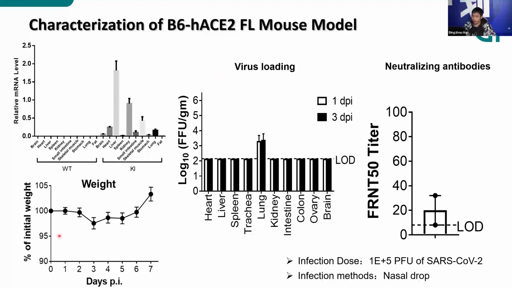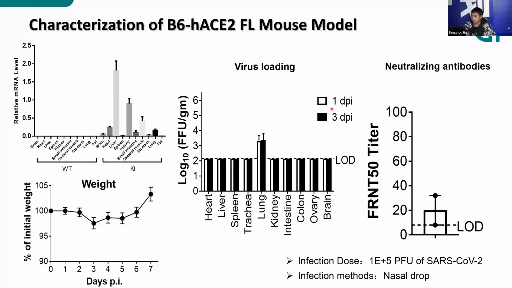However, in our humanized mice, we can see that after infection, in the first several days, the body weight of the mice decreased dramatically, and then after treatment or after its self-recovery, the body weight gradually recovers and increases.